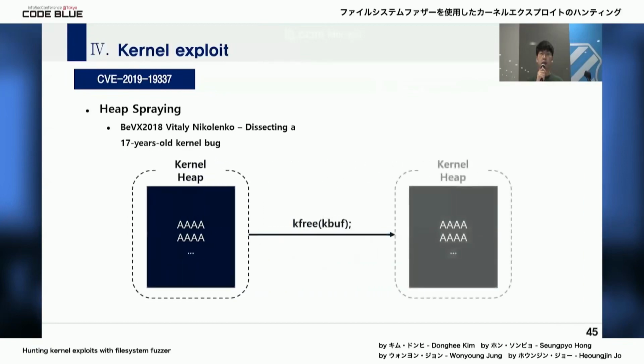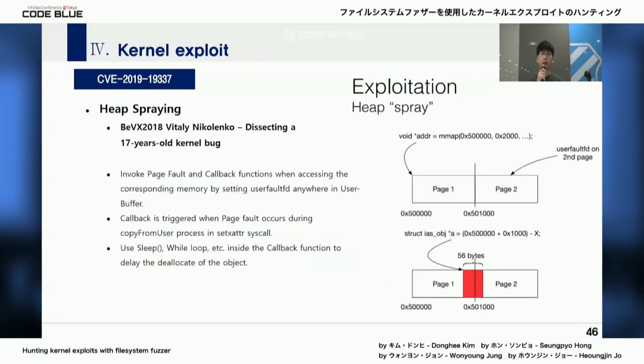However, after the syscall operation is finished, the memory is deallocated, so we needed a way to make sure that deallocation does not happen. In this presentation, Vitaly used a memory deallocation delaying technique through the userfaultfd syscall.